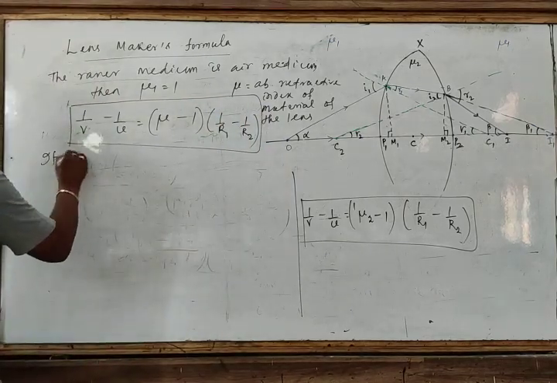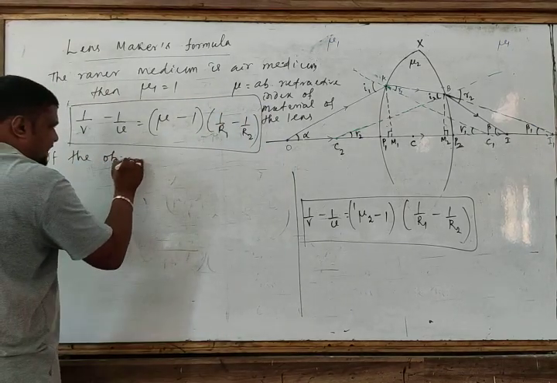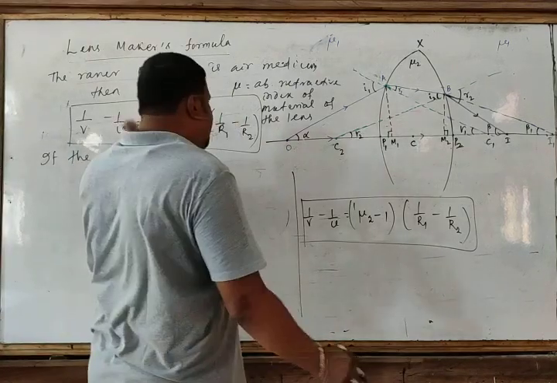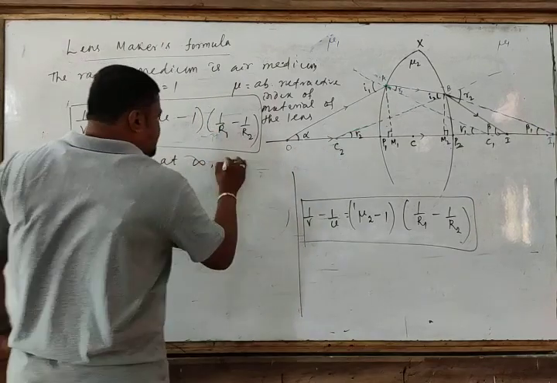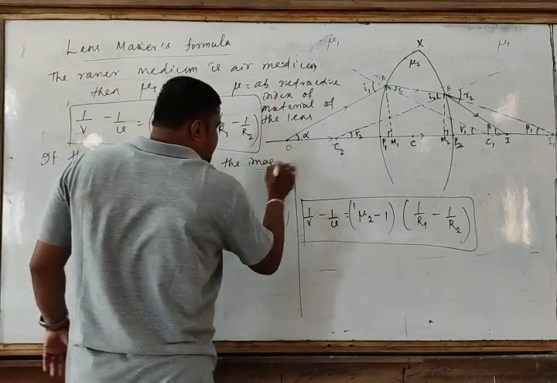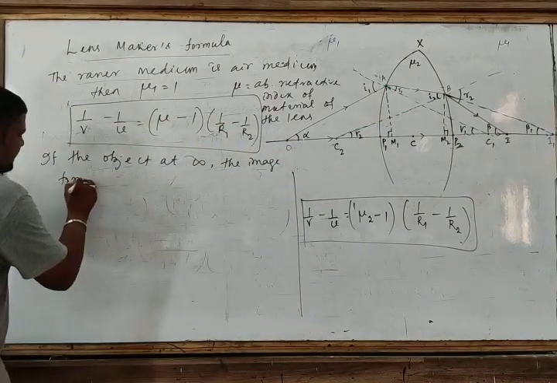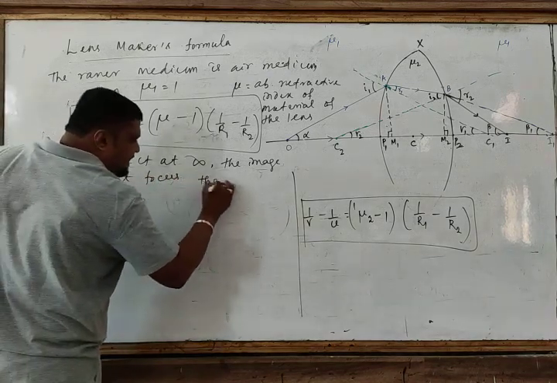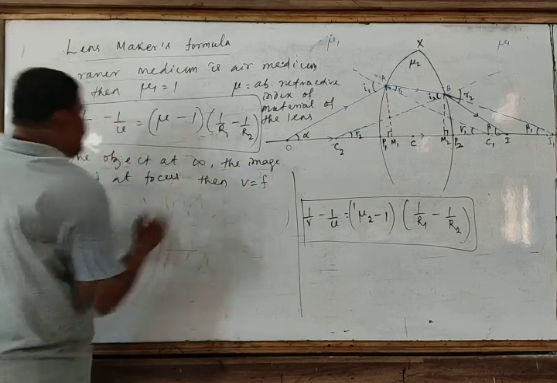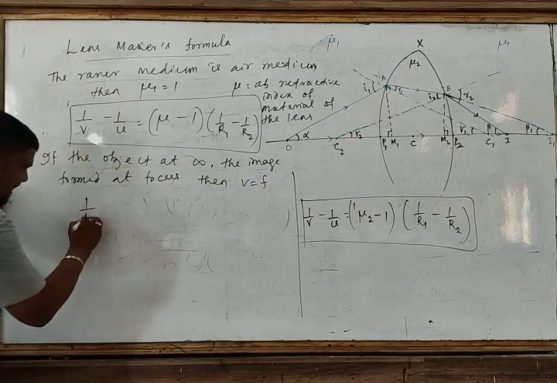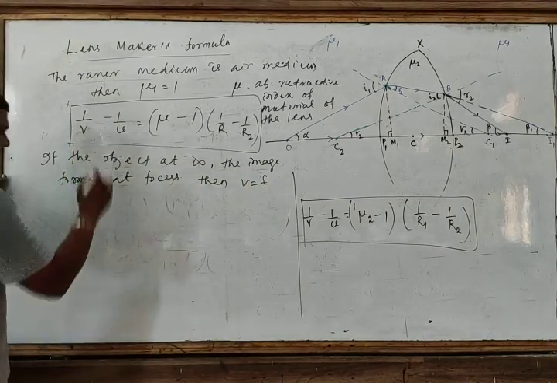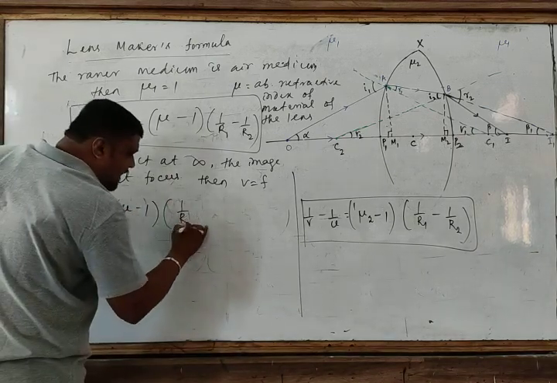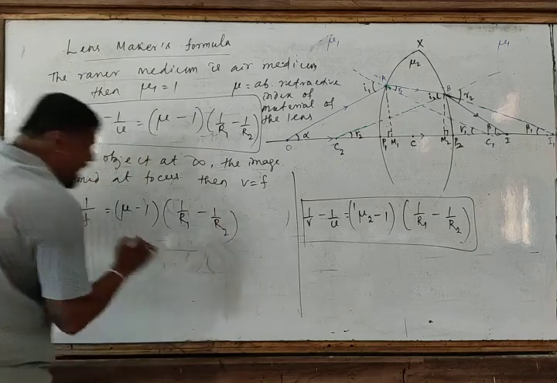If the object is at infinity, the image forms at the focus, so V is equal to F. Putting that in, 1 by F, with 1 by infinity being 0, is equal to mu minus 1 into 1 by R1 minus 1 by R2.